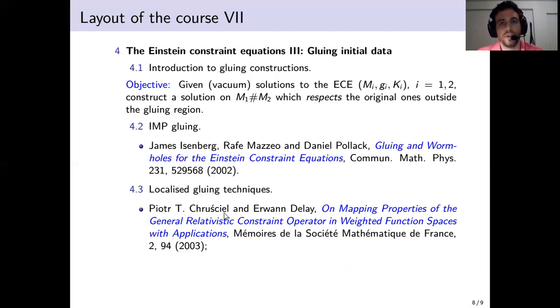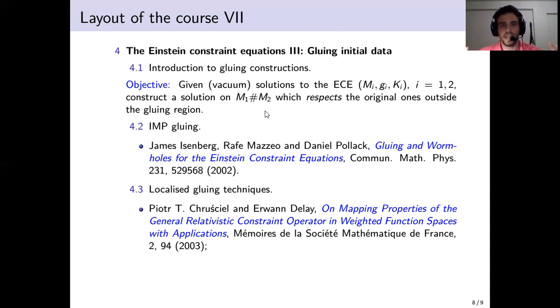Finally, the last chapter is going to be devoted to gluing constructions concerning the Einstein constraint equations. Here, the idea is, say we have two vacuum initial data sets, and we want to produce a new solution on the connected sum here. And the idea is to respect the original ones outside the gluing region.